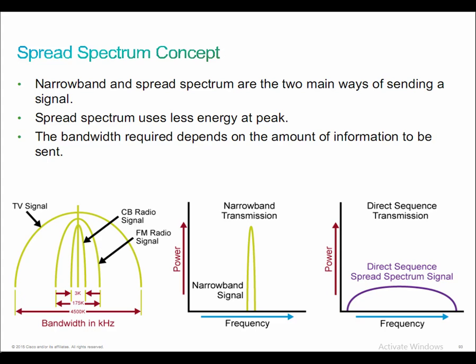An example of the use of DSSS is the way that radio stations transmit their signals. When you tune into a radio station, each station can be heard over a range of frequencies.